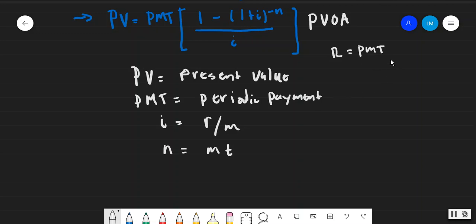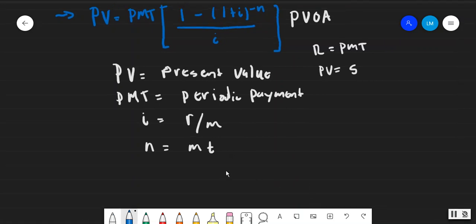As long as it's clarified that this is merely the payment, you should be okay. And usually the PV is marked as S, since we are solving for the sum of those payments. It's really either or, but for simplicity, I just think of PV as present value, PMT as payment, and so on.